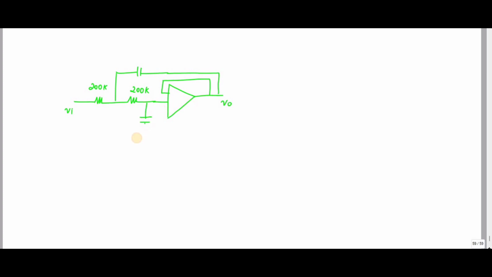Okay. So if that is the case, I can draw the circuit. This is your R, that is 200K. This is your Vi, and this is your C3 value. This is your C4 value, right?